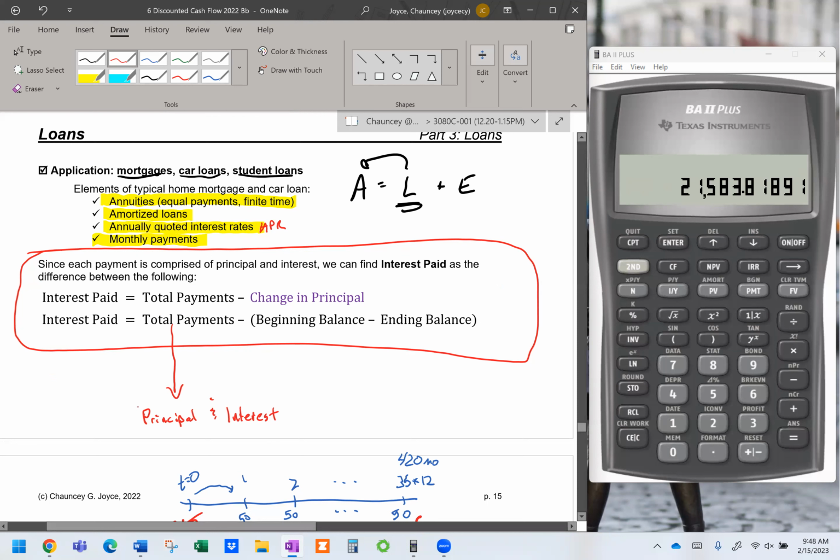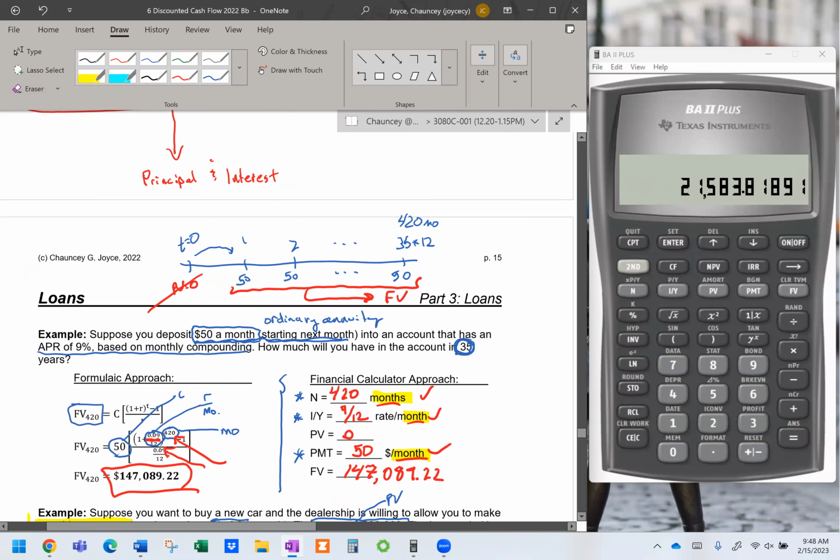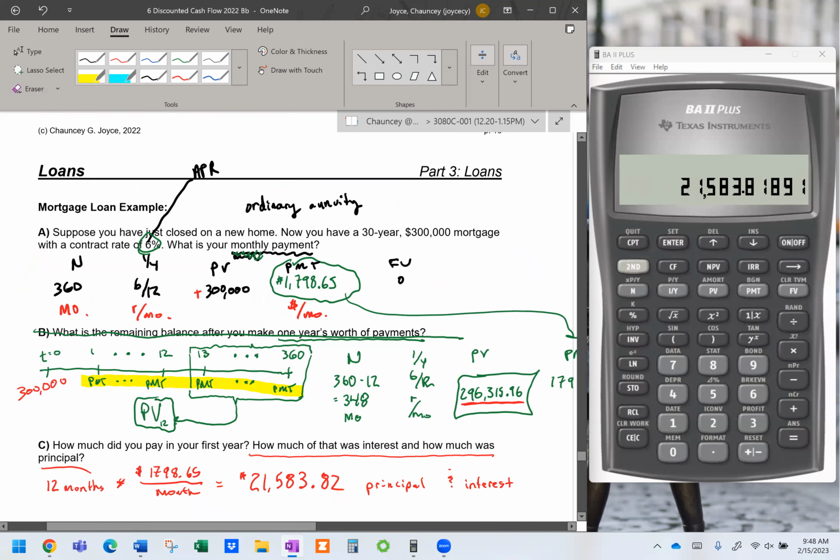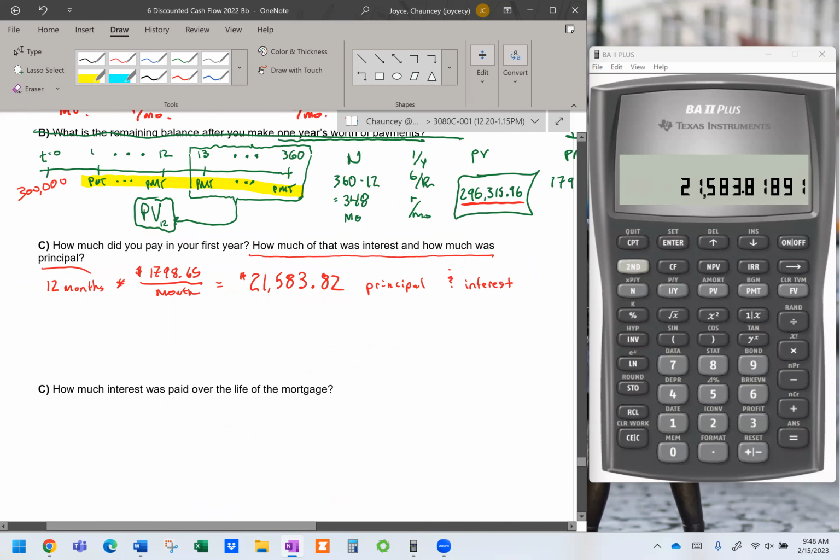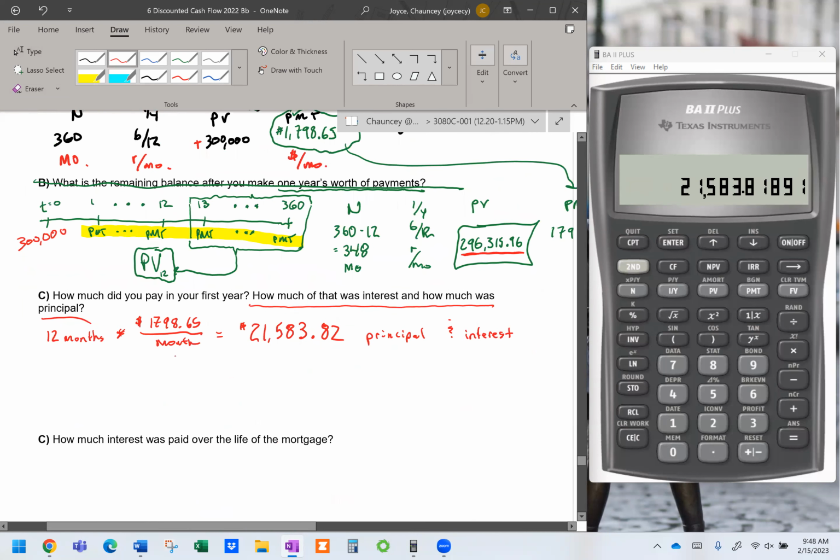So your interest paid is your total payments less your change in principal. And to calculate your change in principal, you could take ending minus beginning. And just be careful with this negative because it does distribute through. So let's take the difference, ending minus beginning, of our change in principal.